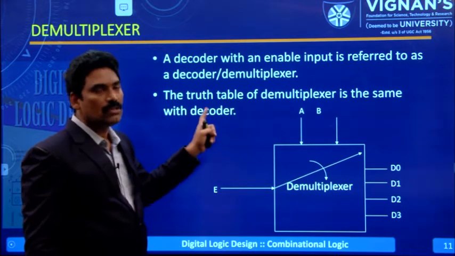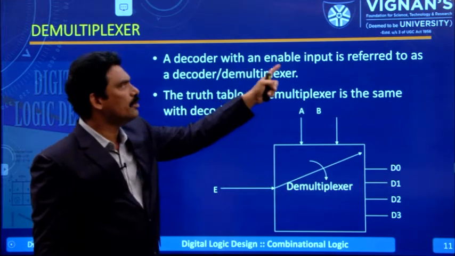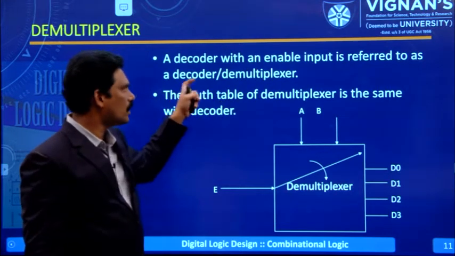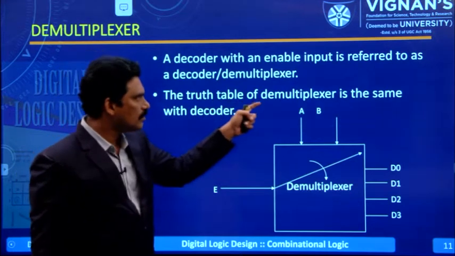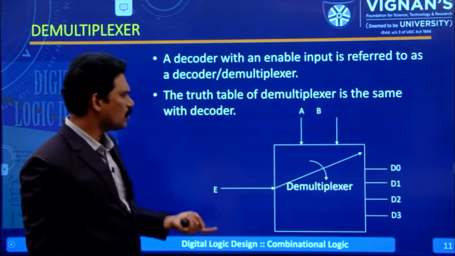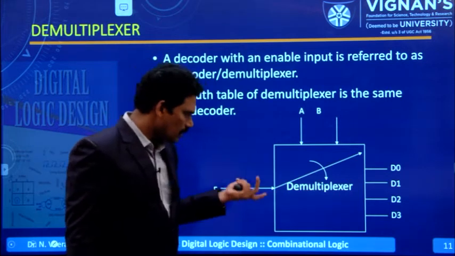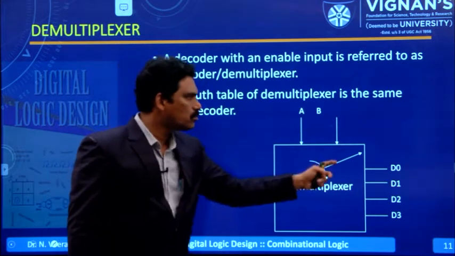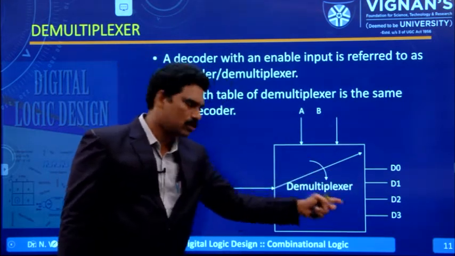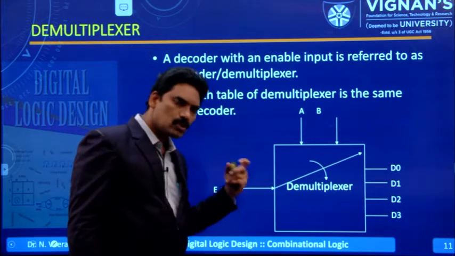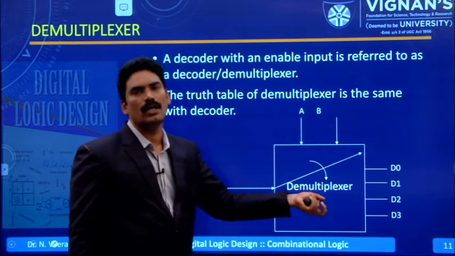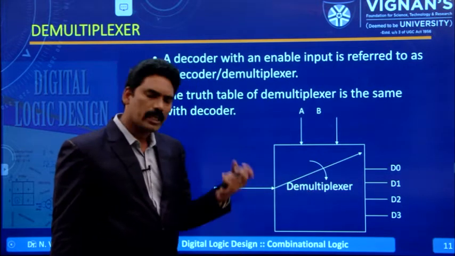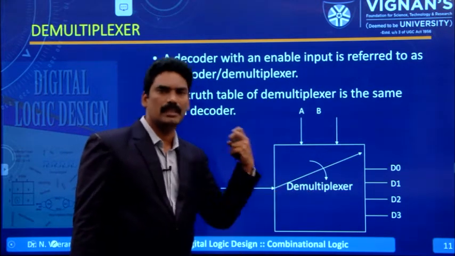A decoder with an enable input is referred to as a decoder or demultiplexer. The truth table of this demultiplexer is the same as that of a decoder. It takes, as usual, 2 inputs and produces 4 outputs. This is the enable input. So, a decoder with enable input is also called a demultiplexer. We will discuss this demultiplexer in detail.